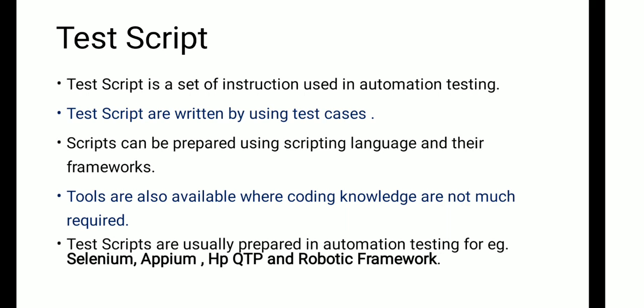It is mainly used for web browser testing or web application testing. Appium is used for mobile application testing. HP QTP nowadays is also known as UFT, Unified Functional Test. You can Google it.